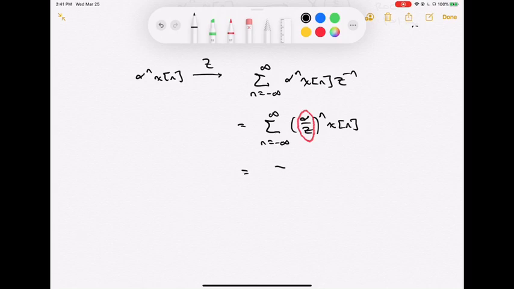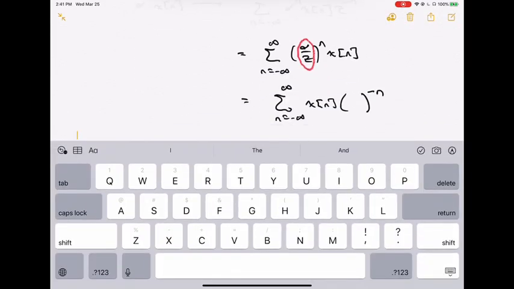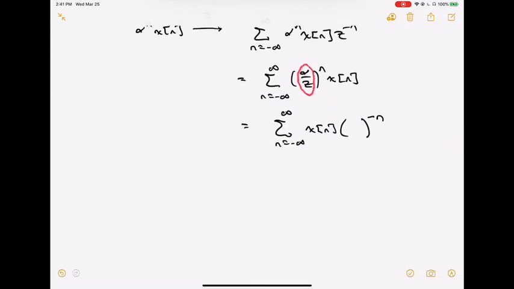So I can write this as a summation n equals minus infinity to infinity. I have my x of n, and I want something raised to the minus n. That's the form of a z transform. Well, to make alpha by z to the n into something to the minus n, I just need to reciprocate that interior piece. So z by alpha to the minus 1 will give me alpha by z, then raised to the n.